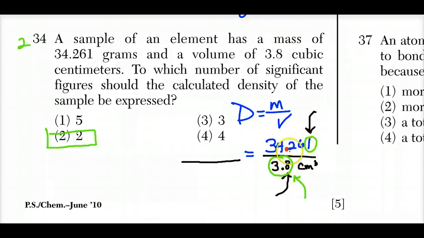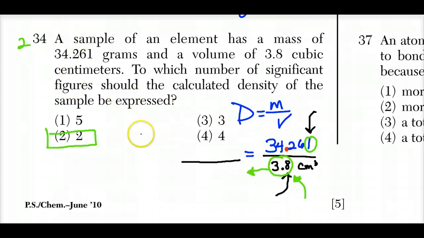This is going to make the rest of the other numbers hard to really believe in, because you're using a guess part of a number to do the calculation. So to control for numbers that may not reflect the true accuracy, because this is a big guess compared to this one, we round off by the weakest link with 2 sig figs. So the answer is 2. If this is multiplication or division, you'd be rounding off to the least number of significant figures.